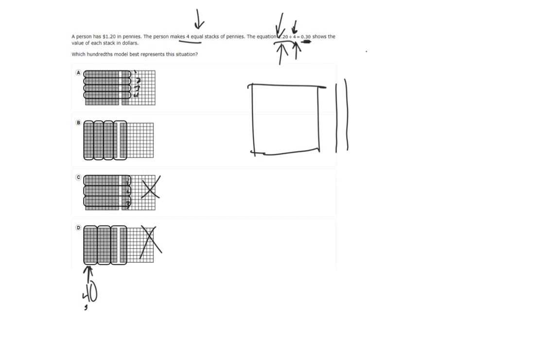Now let's go ahead and look at this here. Okay, the whole is there, the 2 rods are there, and then 1. Let me go ahead and number this. 1, 2, 3, 4 groups. Now let's check inside each group. You have 1 rod here, 2 rods, and then 3 rods. That is 30, 10 each, 10, 20, 30.